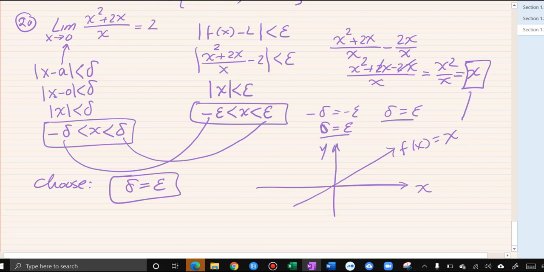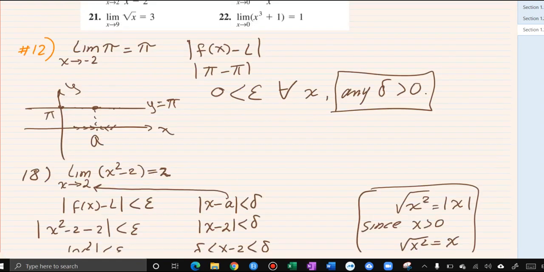However, the original function was a rational function, and the domain of this rational function is all numbers except what makes 0 in the denominator, which is 0. So actually we have a hole at 0 in this one. So in other words, if I want to graph this correctly, here's my hole, there you go. That's what that graph is. But we don't need the graph actually. Okay, so this is number 20. Again, not bad. Maybe we do one more just so you get more comfortable with the proofs.